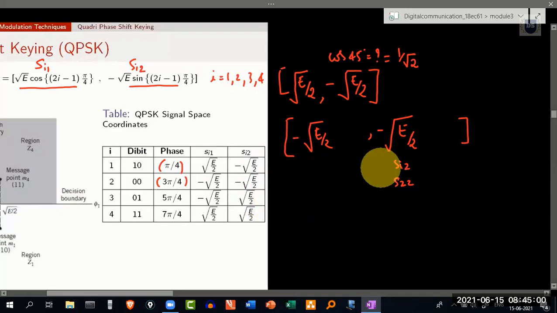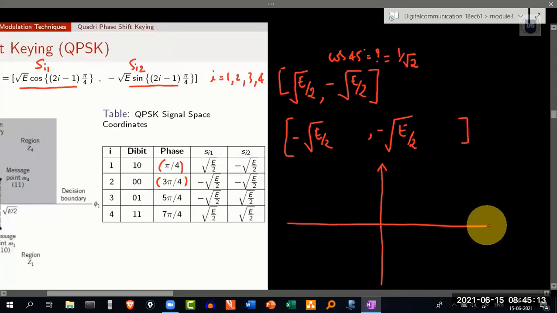So after getting all these points, all I've got to do is draw the constellation diagram. A constellation diagram is a diagram that contains all message points within Euclidean space. Because we are using two basis functions, phi1 of t and phi2 of t, let me first write these two basis functions.